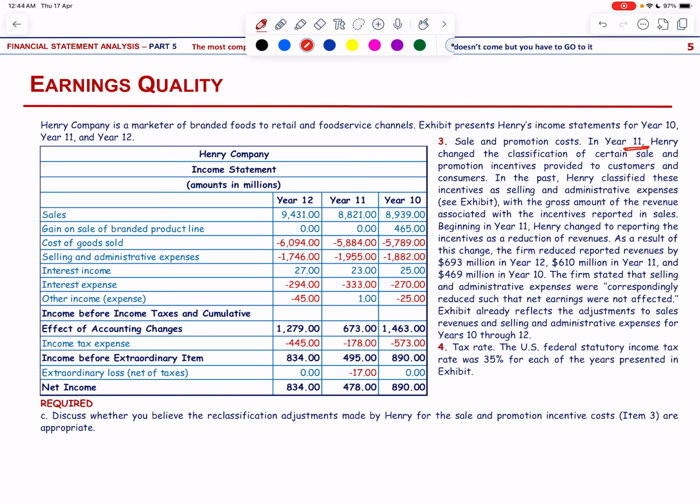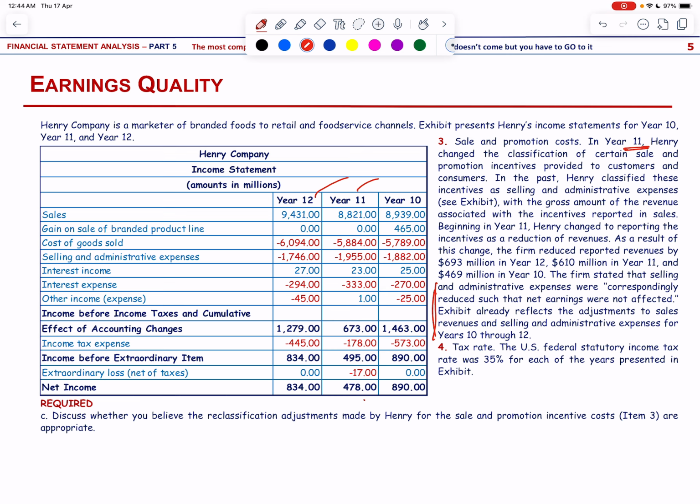Before the year number 11, they reported the gross sales revenue and treated promotion incentives as selling and administrative expenses. Now, in the year number 11 and year number 12, they reduce the sales revenue by the value of the incentives and correspondingly reduce selling and administrative expenses. Net income remains the same. That is what they have already explained in this statement over here.